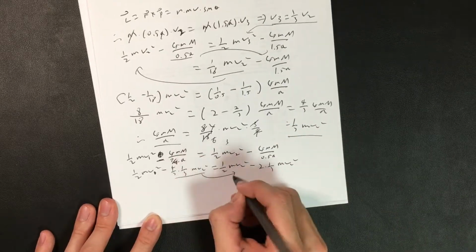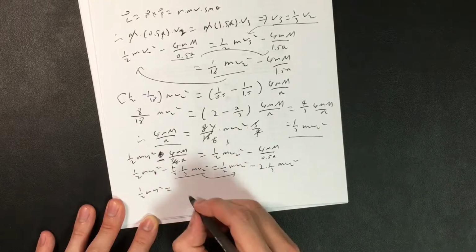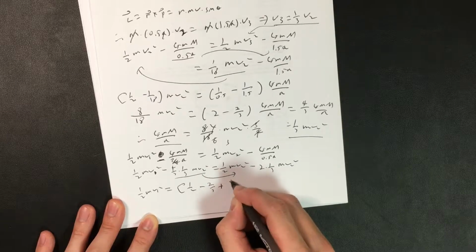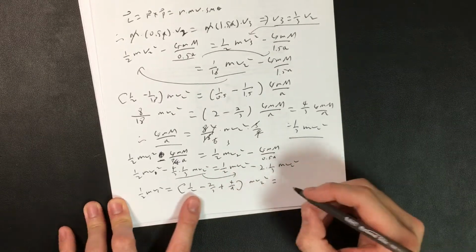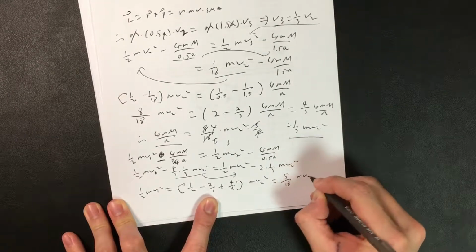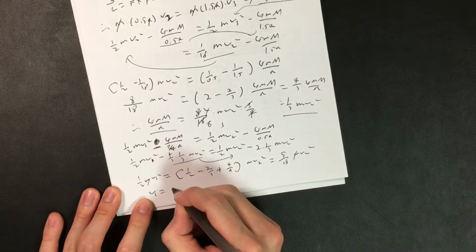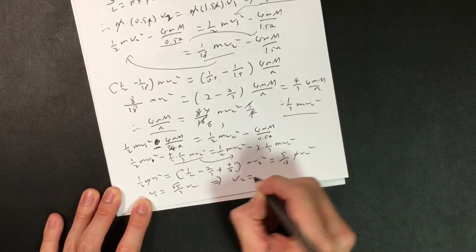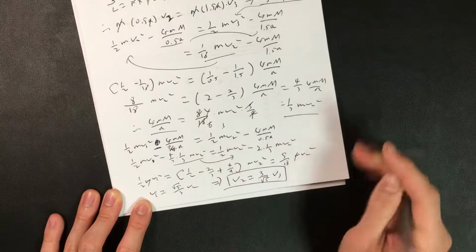And moving this to the right hand side, I get 1/2 mv1 squared equals 1/2 minus 2/3 plus 4/9 of mv2 squared, which becomes 5/18 mv2 squared. Therefore, solving for v1, I get v1 equals the square root of 5/3 v2, and therefore v2 equals 3 over the square root of 5 of v1.